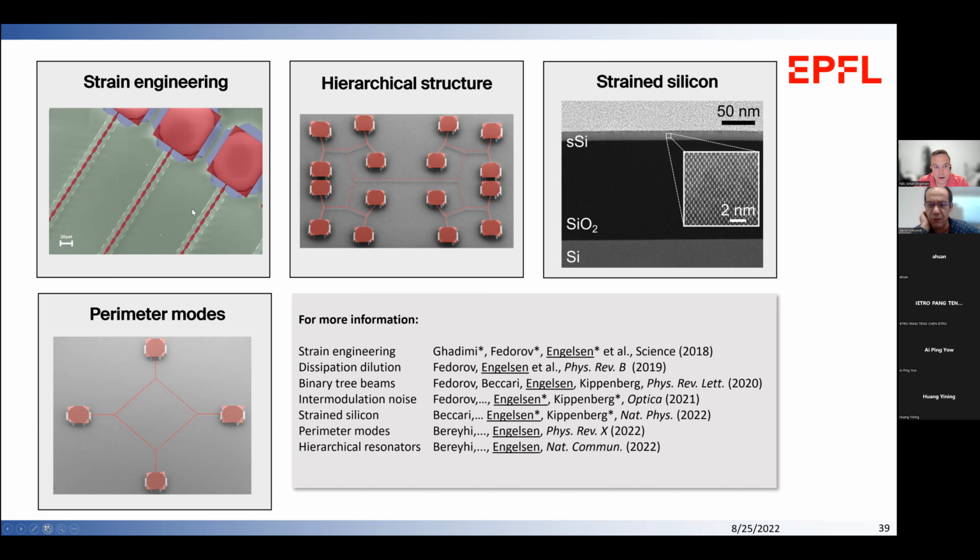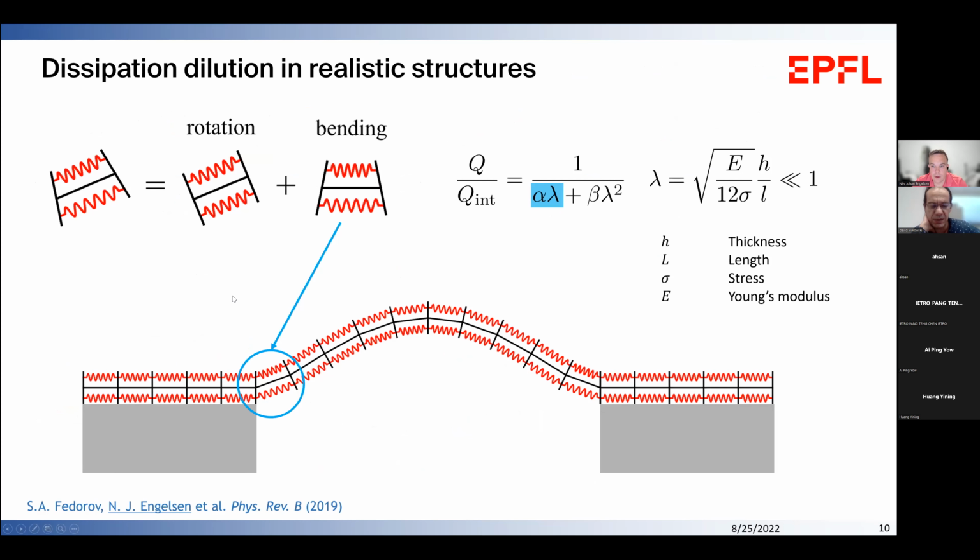Did you give the argument, or maybe I missed it? My second question is more technical: how good should the strings be in order to have such a high quality factor? If there is some imperfection in the fabrication, I guess the quality factor should decrease quite a bit, right?